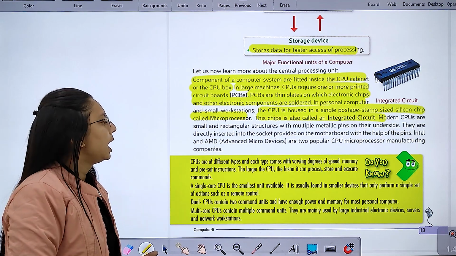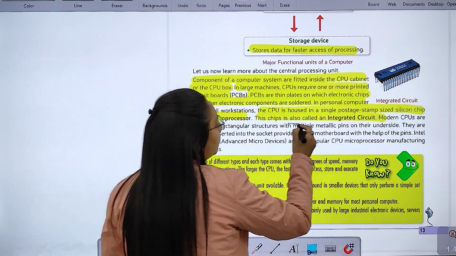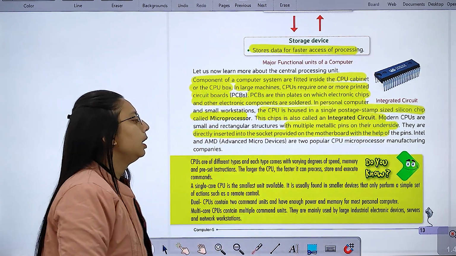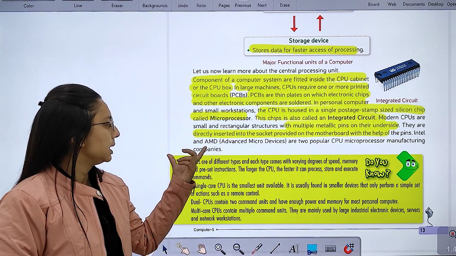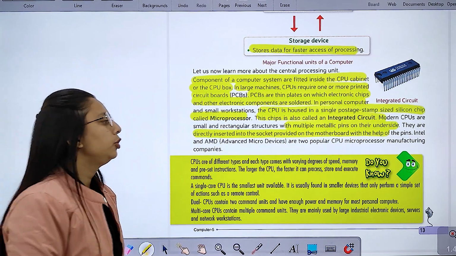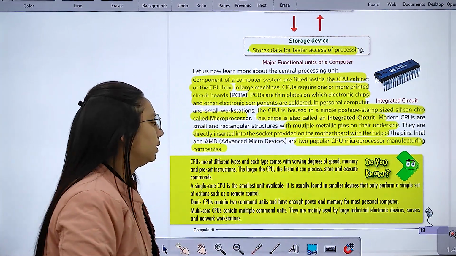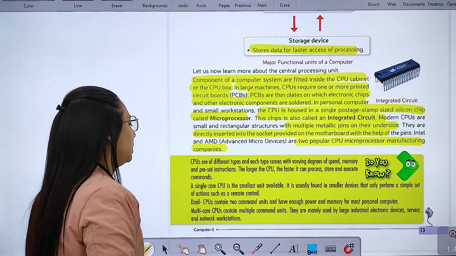Modern CPUs are small rectangular structures with multiple metallic pins on the other side. They are directly inserted into the socket provided on the motherboard with the help of pins. Like we have AMD, Advanced Micro Devices, and Intel, two popular CPU microprocessor manufacturing companies.